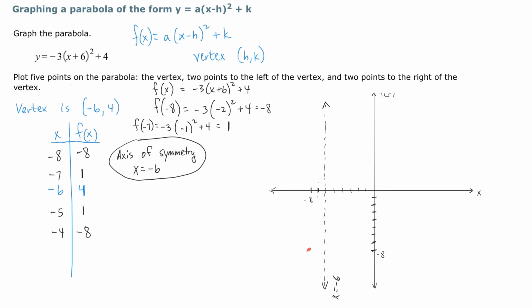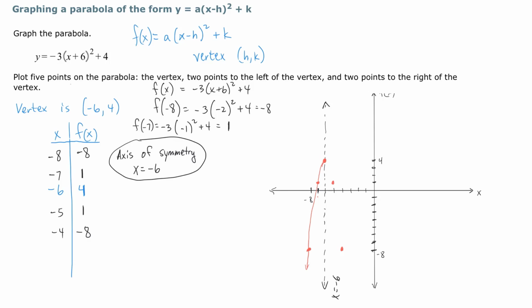At -7, we get 1. At -6, we get 4. Right about there. And we could use the axis of symmetry to plot our other ordered pairs. Makes it a lot easier when you just use the axis of symmetry like a mirror. And then, of course, play connect the dots.